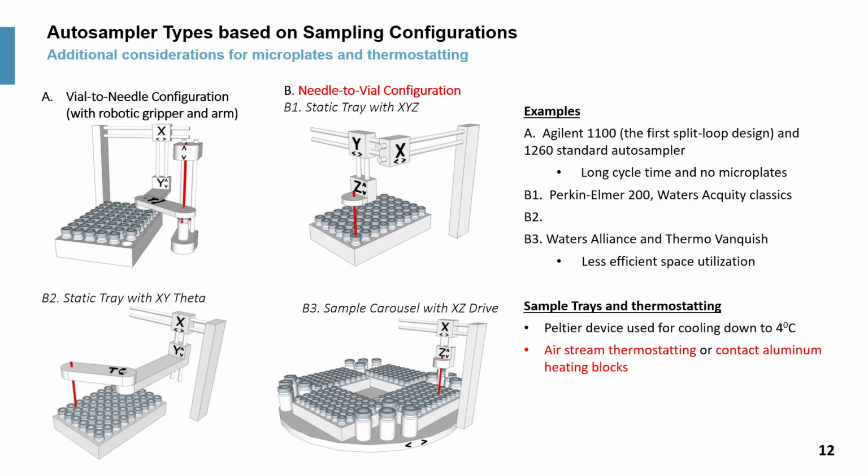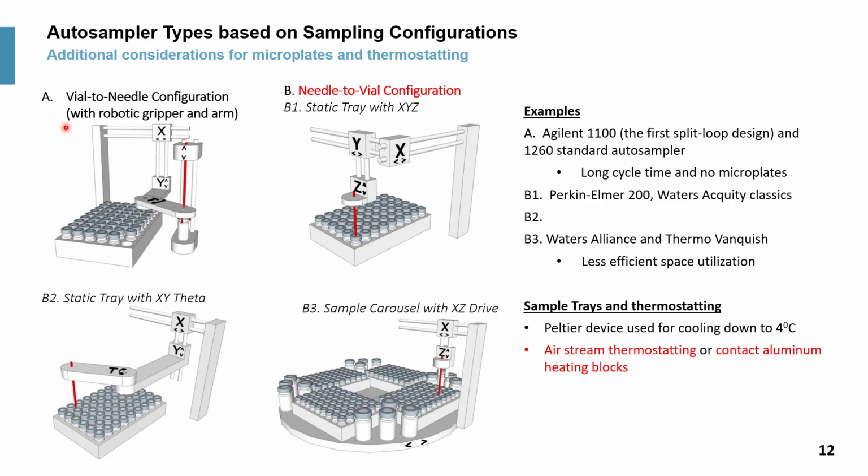In this next discussion, we talk about autosampler types, which are based on the sampling configuration, right? I will explain what sampling configuration is, meaning how the sample tray or sample vial is configured. So there are basically two different types, with one, class B, dominating.